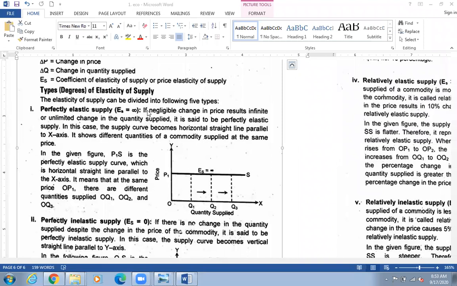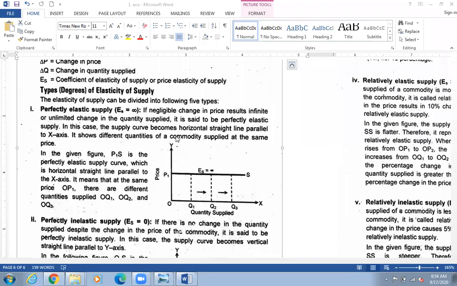So if there is a negligible change in price, so if there is only a small price change, what do you do? You are going to supply more. You supply a lot of some goods. Suppose you bought onions at 40 rupees per kg, and now the price becomes 80, or even 120 rupees per kg. What will you do?